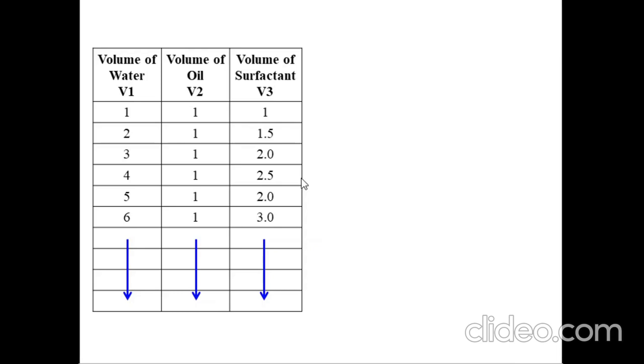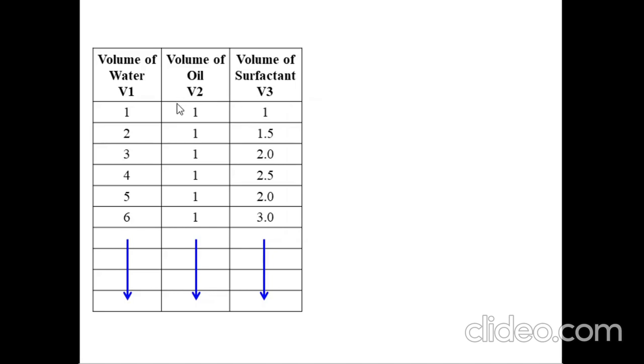The first column represents volume of water with V1. The second column represents volume of oil with V2. And the third column represents volume of surfactant with V3.